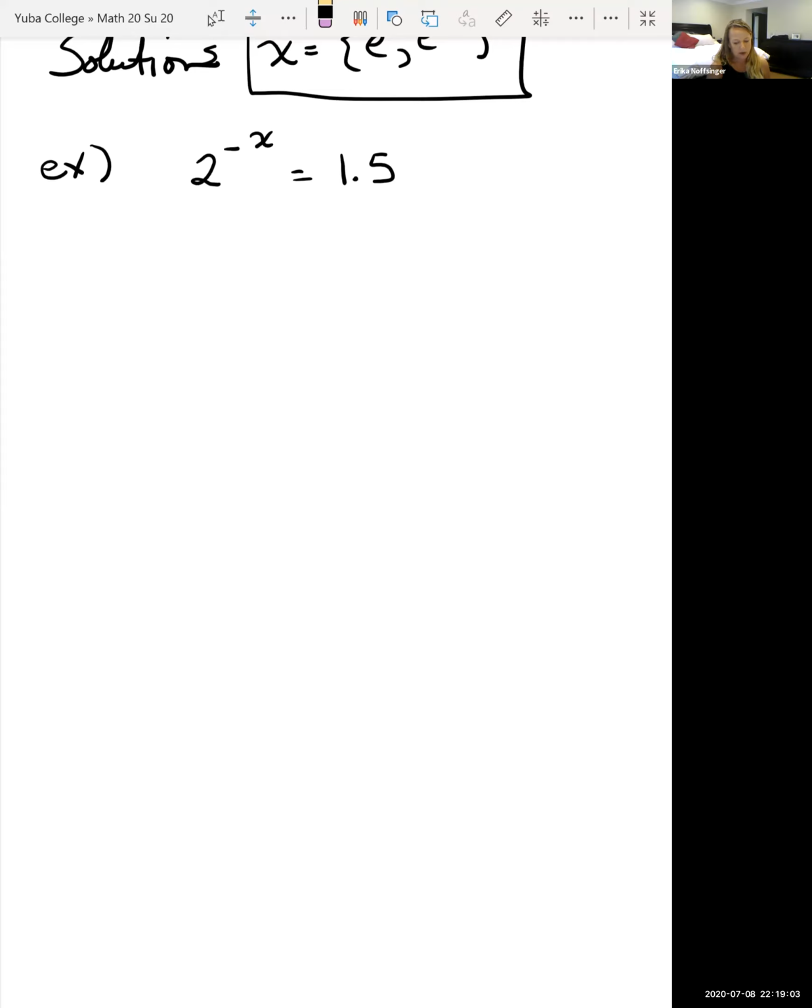Can't do that, so I want to take the log or the natural log of both sides. It doesn't matter in this case if my base was either e or base 10. I technically like to use natural log just because it's a little shorter to write, but it doesn't matter.